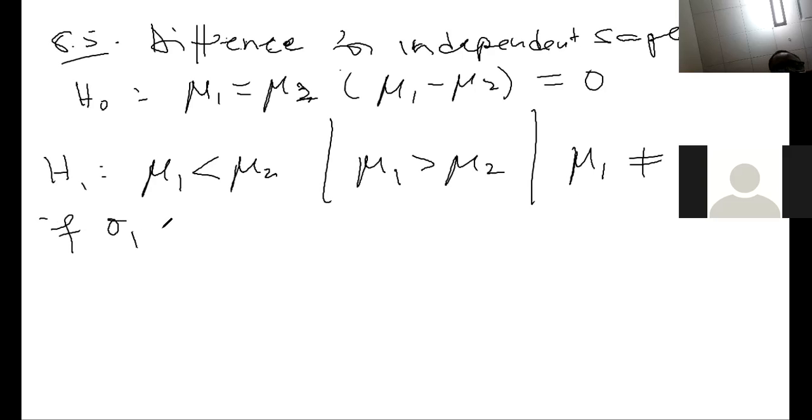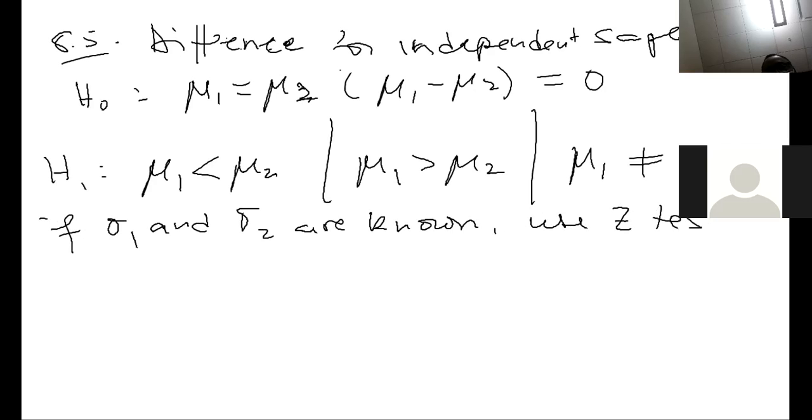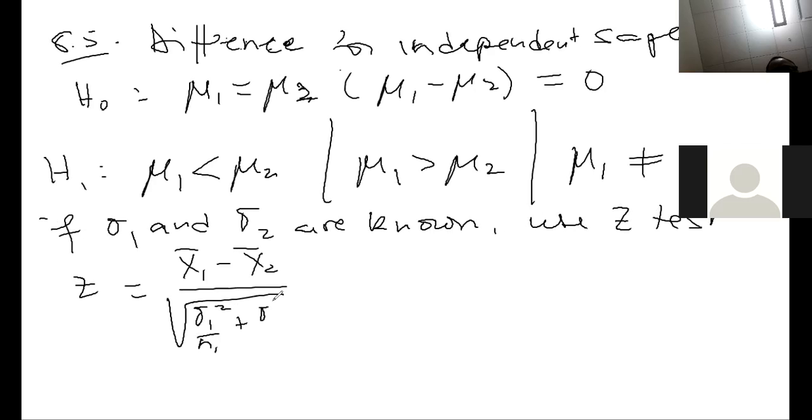If sigma 1 and sigma 2 are known, use the z-test. The test value z is x1 bar minus x2 bar divided by the square root of sigma 1 squared over n1 plus sigma 2 squared over n2.